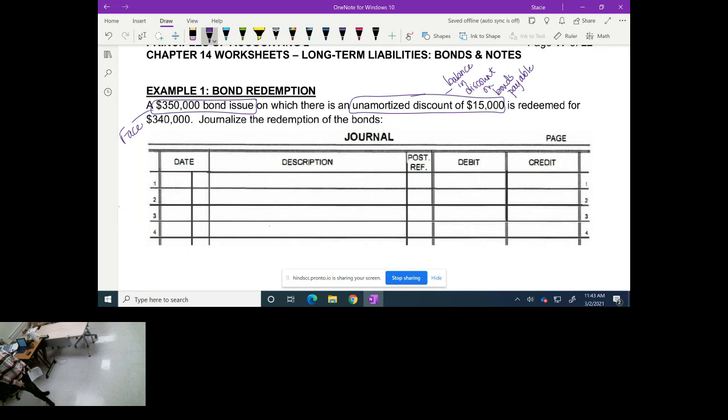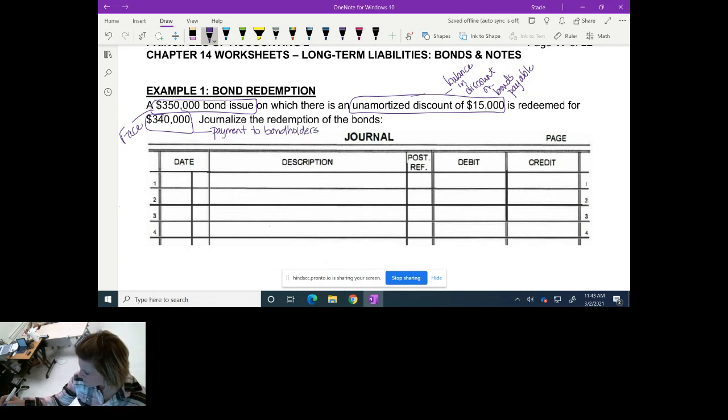And they're going to redeem these bonds for $340,000. So this is the payment to bondholders. They're essentially paying them out early.